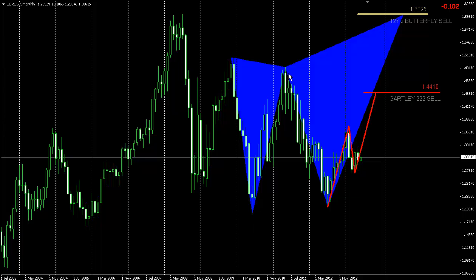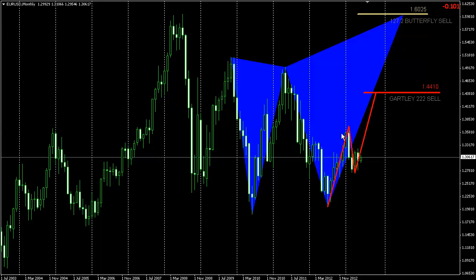A, B, C, D, 127 extension, and it also coincides with this previous and very important top. So this butterfly sell can be a perfect wash and rinse of these tops.